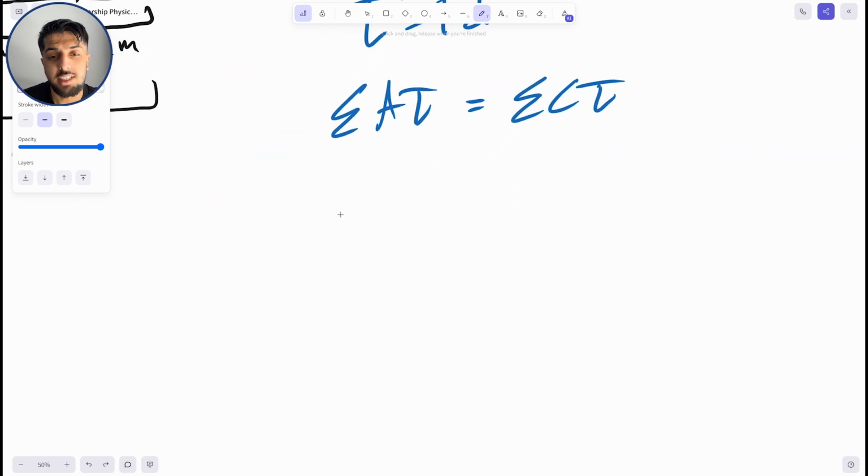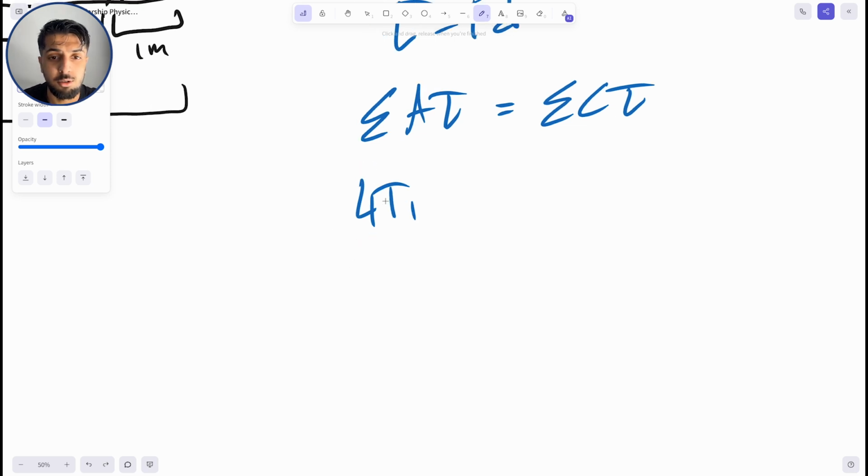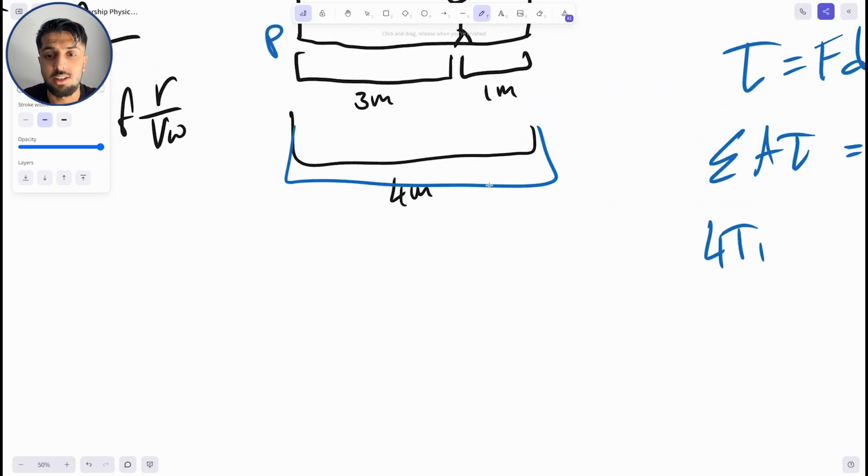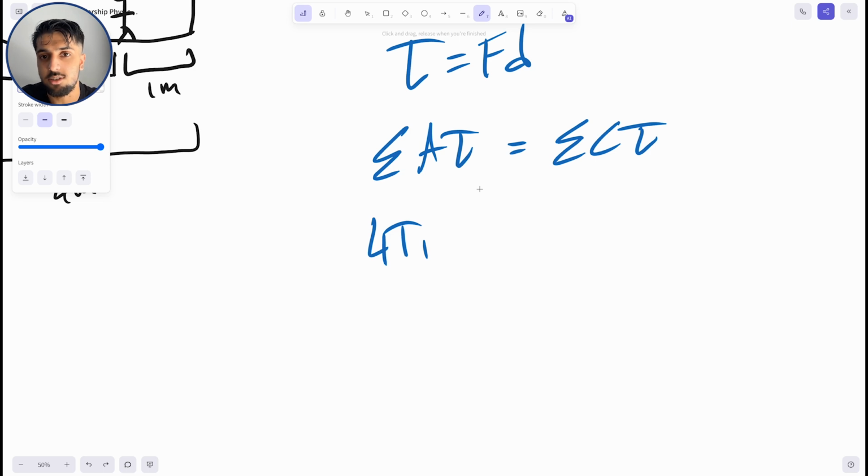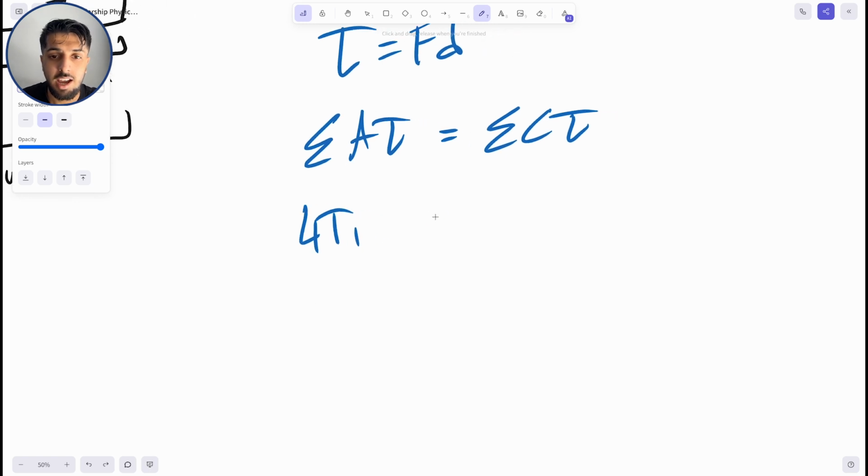And therefore, the anti-clockwise torque is 4 T1. The reason for the 4 is because this is 4 meters away, and T1 is obviously the force, and so that would be equal to the torque right there. And now this is equal to the sum of the clockwise torques.